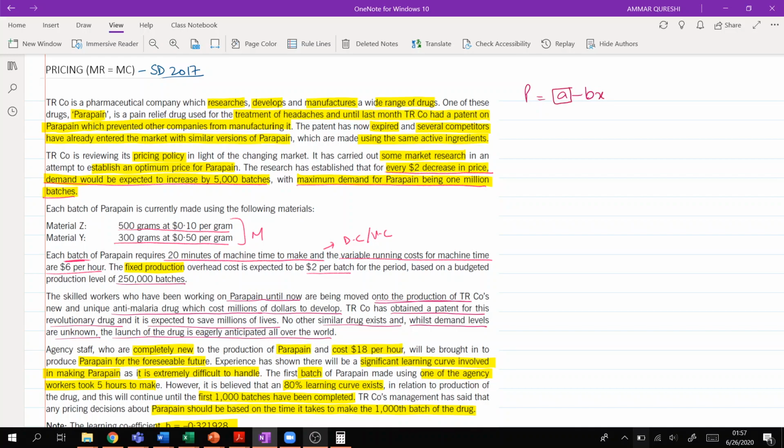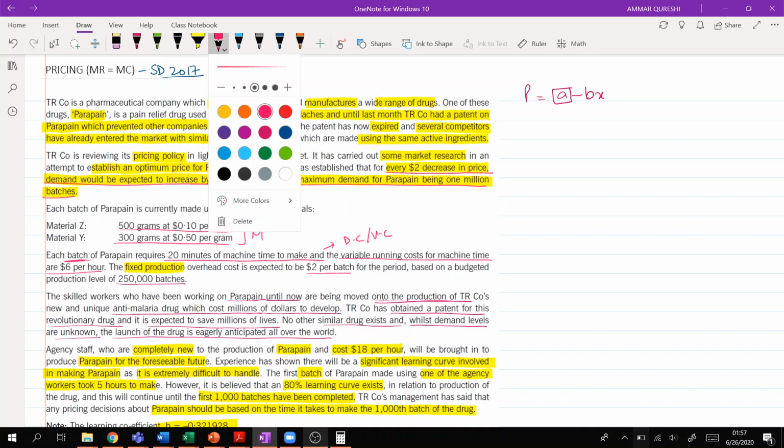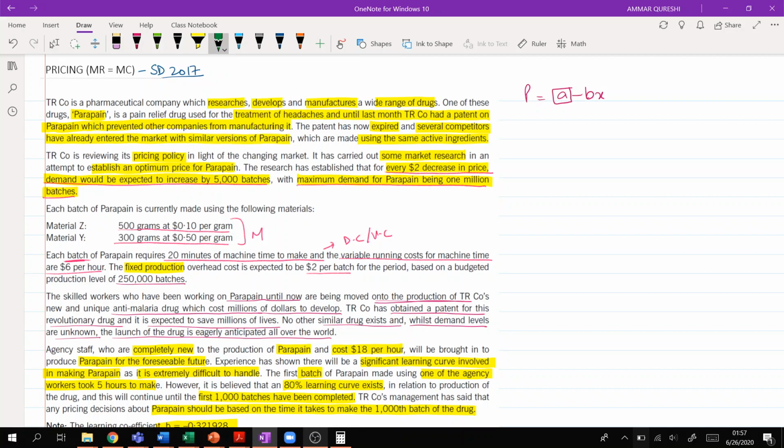Now, as I told you in my lecture, whenever a situation like this comes in the question, the examiner will give you a price level and a quantity which it can sell at that particular price level. But unfortunately, in this question no price is given here.